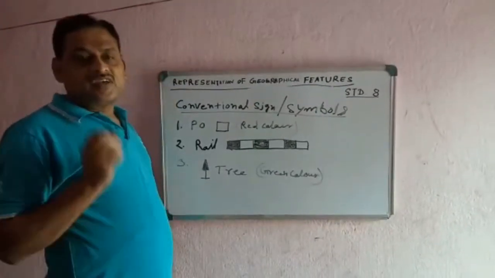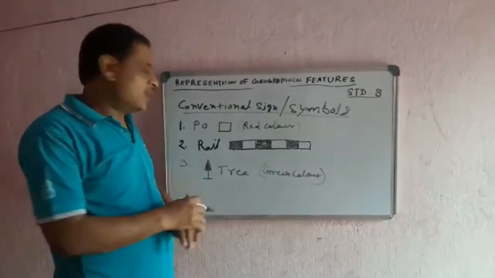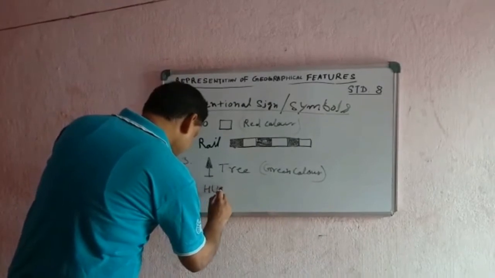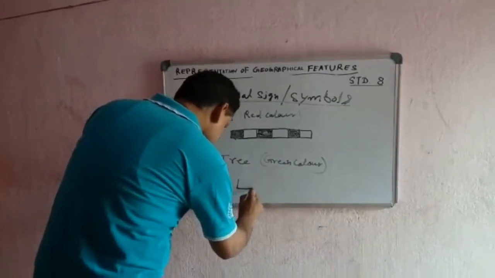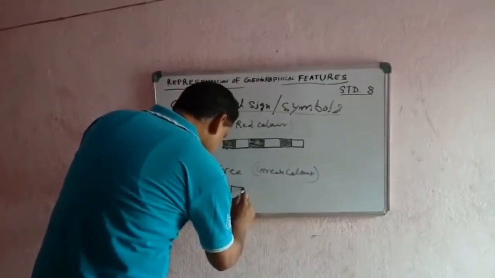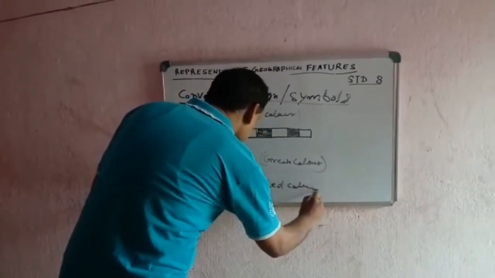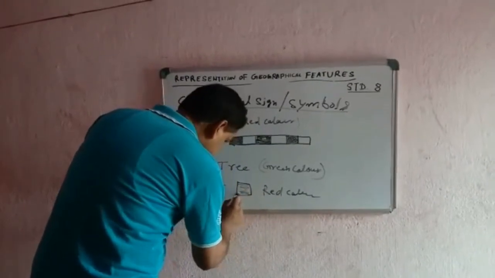Suppose you have to show a hut, it should be in red color. Fill red color here.